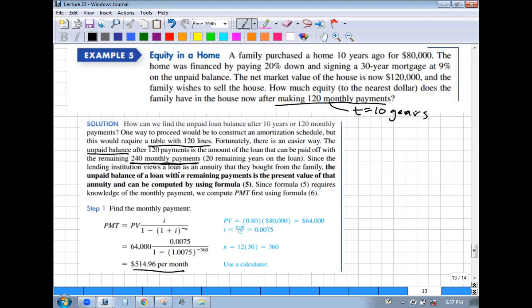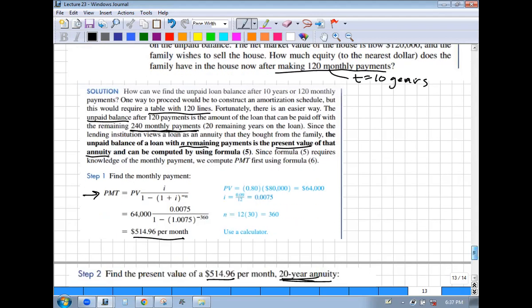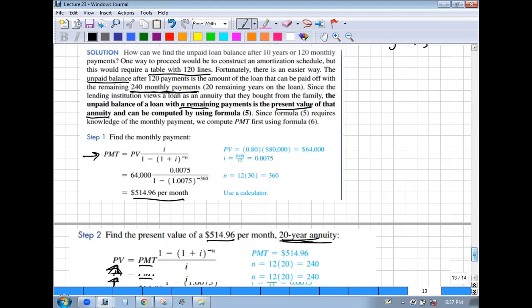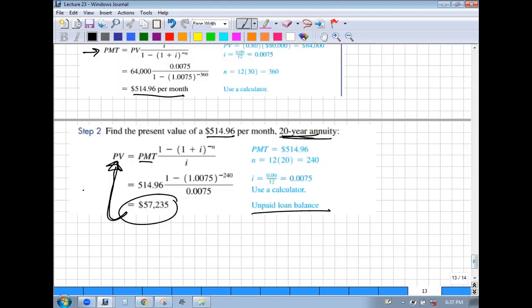Since lending institutions treat a loan as an annuity, we can use our annuity formula. The unpaid balance of a loan with remaining payments is the present value of that annuity and can be computed using the formula. All right, so we found our payments and then we used their present value formula.